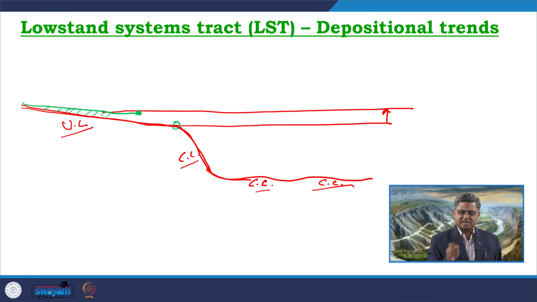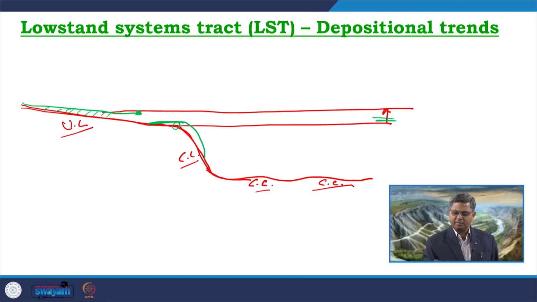At the very first instance, say for example, if the first level of rise was here, then for that first level of rise, we can expect the fluvial system to deposit the sediments over here, and along with that the delta front will be developed over here.